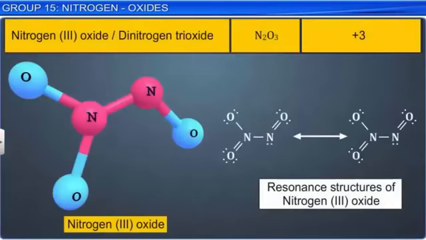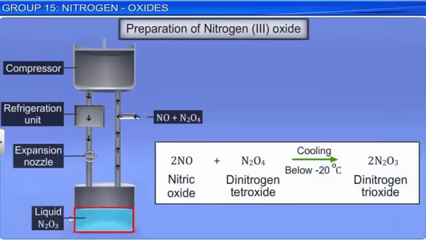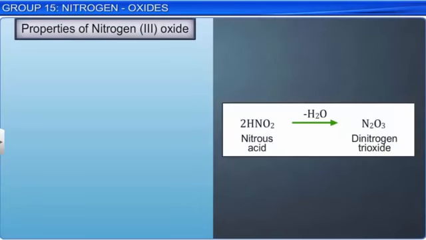Nitrogen 3 oxide, also referred to as dinitrogen trioxide or nitrogen sesquioxide, is obtained as a blue liquid when a mixture of nitric oxide and nitrogen dioxide or dinitrogen tetraoxide is cooled to below -20 degrees Celsius. You can see from the equation that dinitrogen trioxide is the anhydride of nitrous acid.